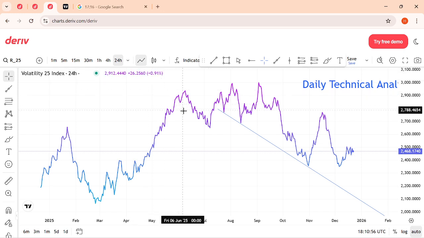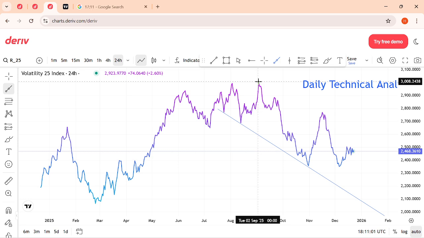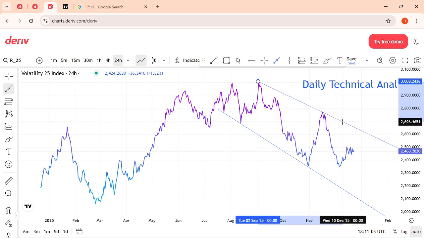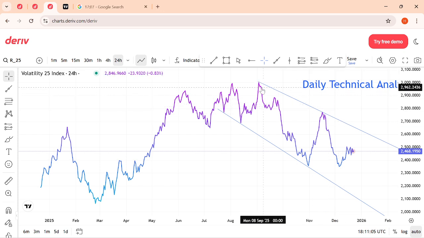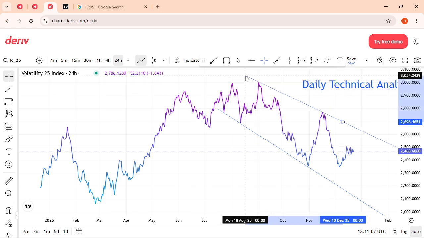Then you need to go to the line graph. I think we are fine with the graph we are on at the moment, so we'll connect it also from this point to this point. This will help us understand that we are currently on a downtrend.